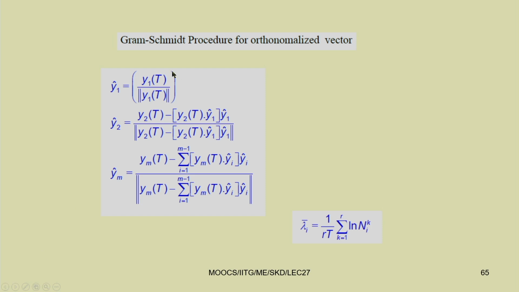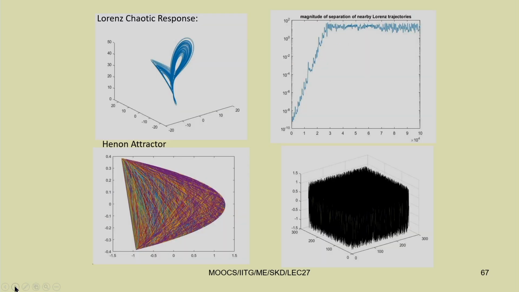One can use the Gram-Schmidt procedure of orthogonalization to find y1 to ym, and in that case lambda_i can be written as 1 by gamma t, sum over k equal to 1 to r of ln of n_i,k, where n is the norm of the denominator part of y. So n_i is the denominator of the ith term. That way one can find the Lyapunov exponent by using that equation.